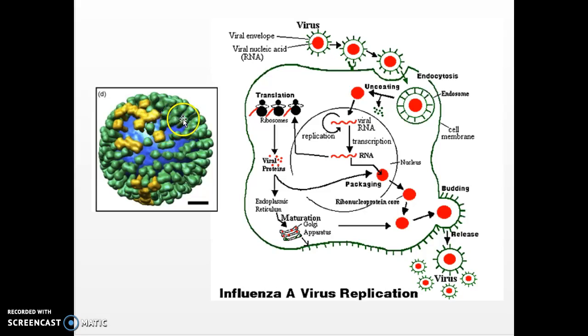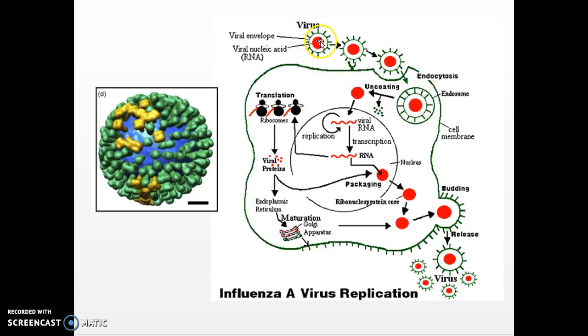Before we learn about this protein, I'm going to briefly explain the life cycle of this virus, because the function of coat proteins must be explained in terms of the life cycle.